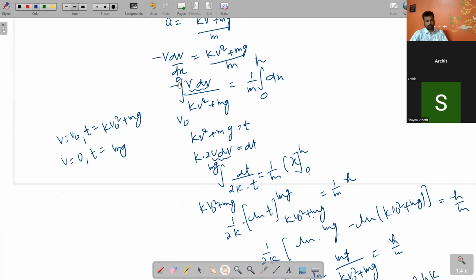We have limits v naught and 0. We have changed the variable from v to t, so you have to change the limit as well. When v was v naught, t will become, you have to put this value of v over here, this complete thing. When v will become 0, t will become 0 plus mg. Then put the value in the limit.